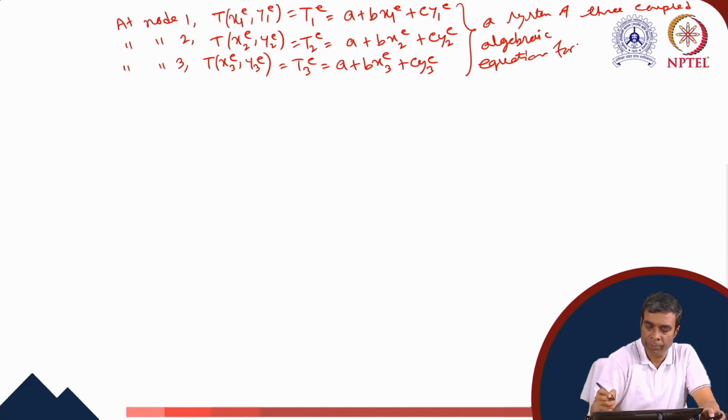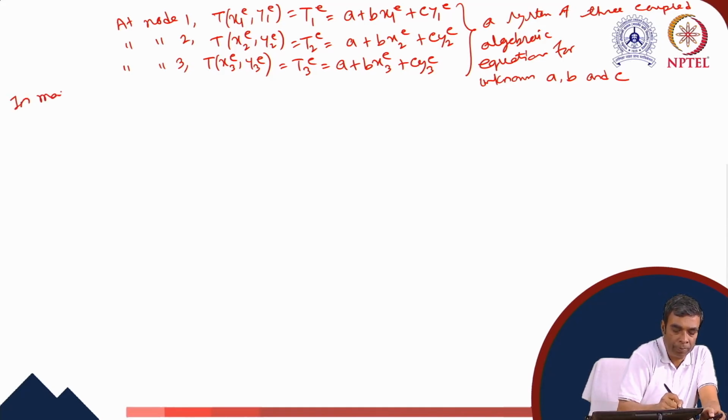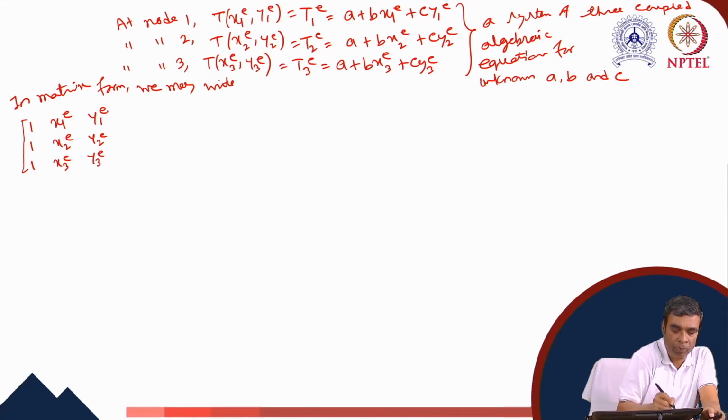In matrix form, we may write the matrix with rows [1 x1e y1e], [1 x2e y2e], [1 x3e y3e] into the unknown vector A, B, C equals T1e, T2e and T3e.